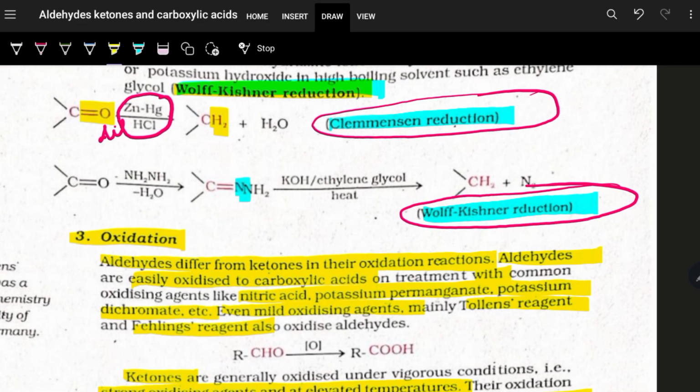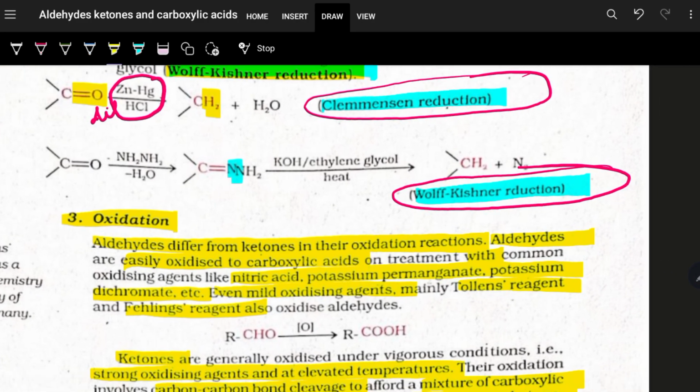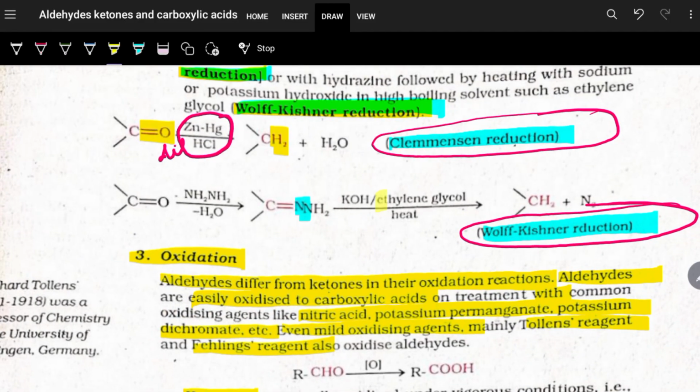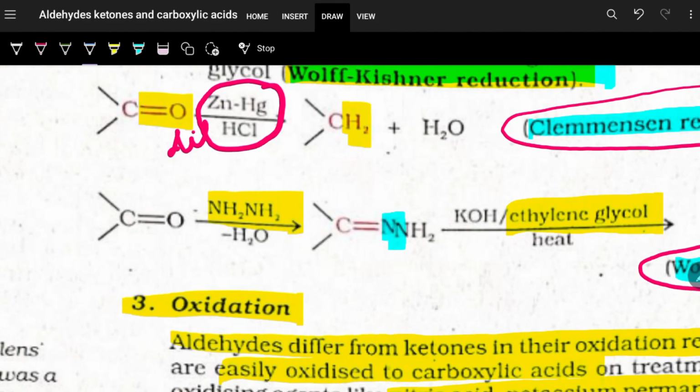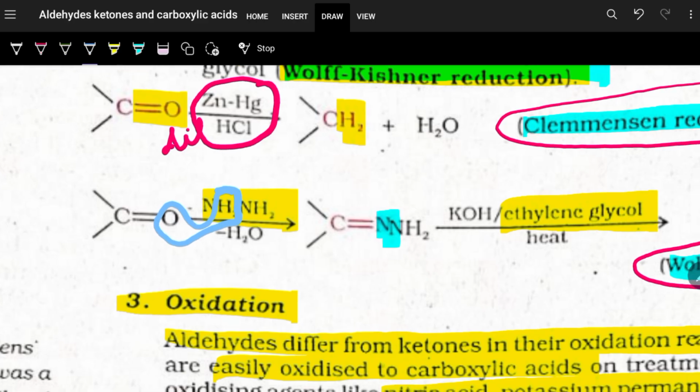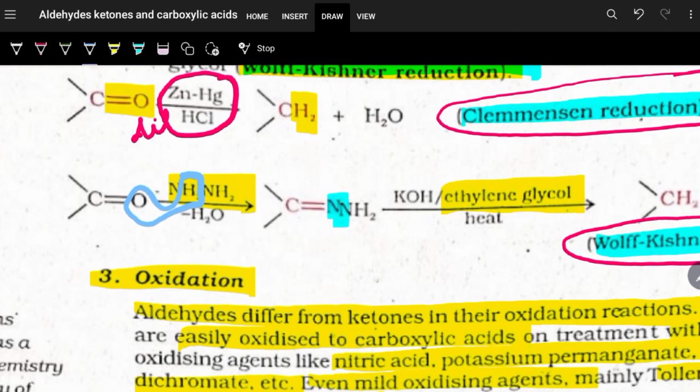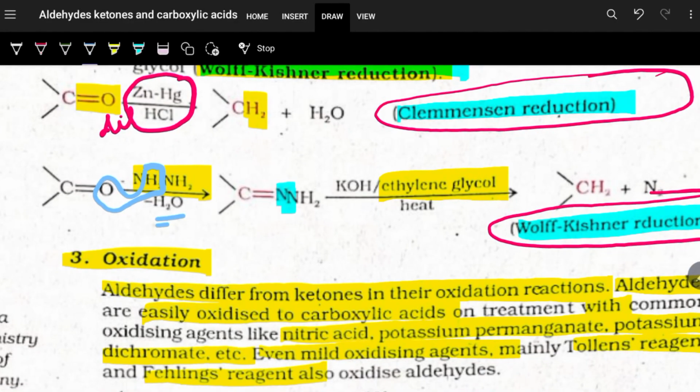Next you have what? Reaction with ethylene glycol. It's a reduction again, with ethylene glycol, and first you treat it with hydrazine and just like the previous case, there is elimination of H2O. Let us see this properly. This H2O is getting eliminated, and you get C double bonded N NH2 by the elimination of H2O.